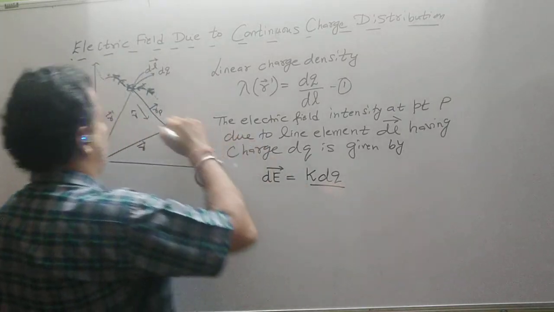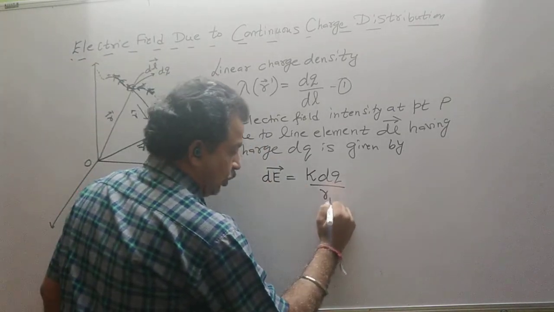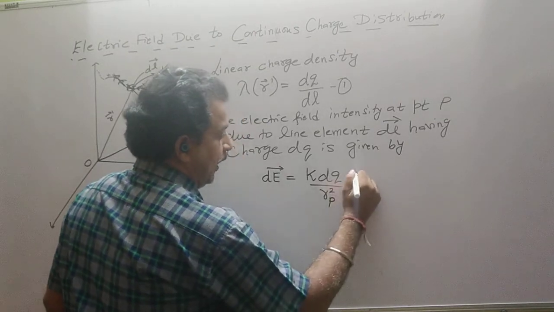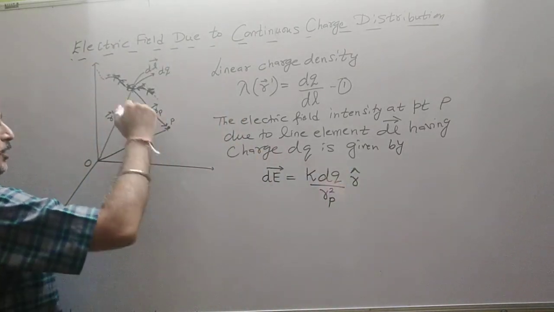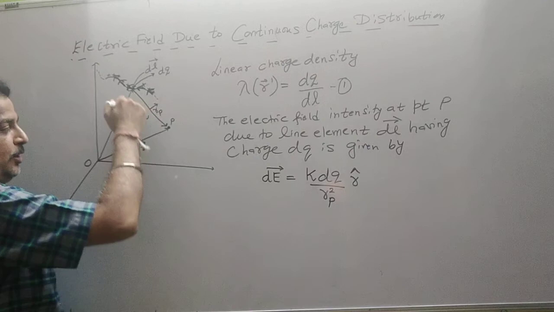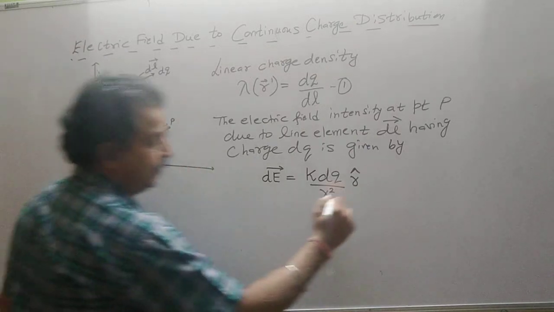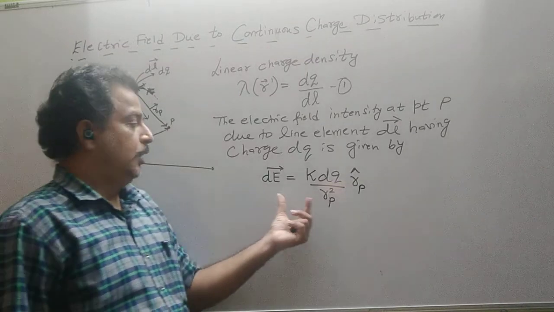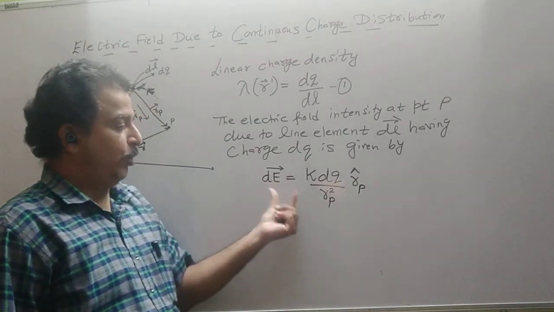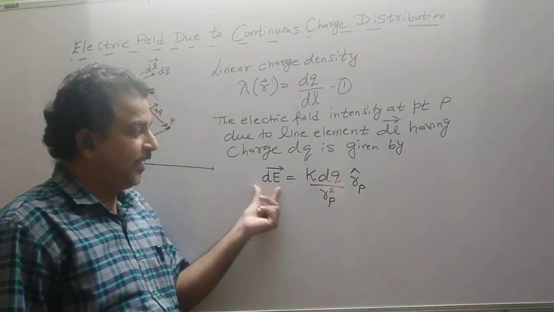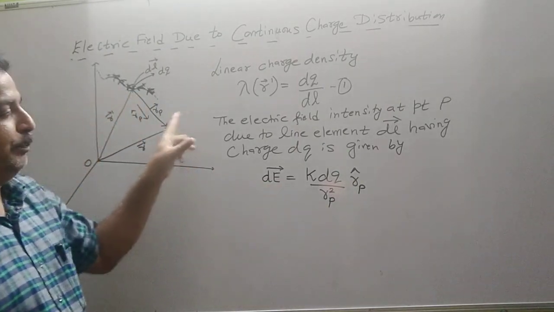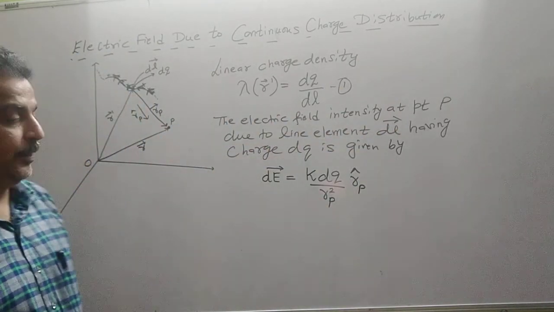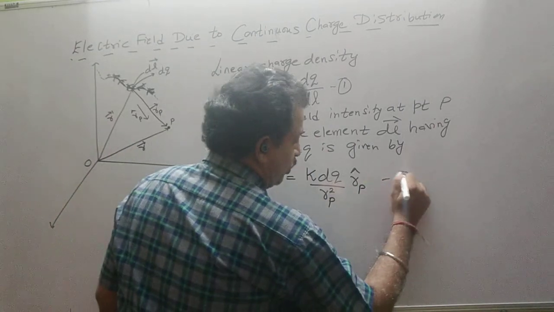That is denoted by RP, so RP square, and we denote this unit vector as R cap P. This is the direct application of the formula. Now this is the electric field intensity at point P due to the line element. So this is our equation number 2.